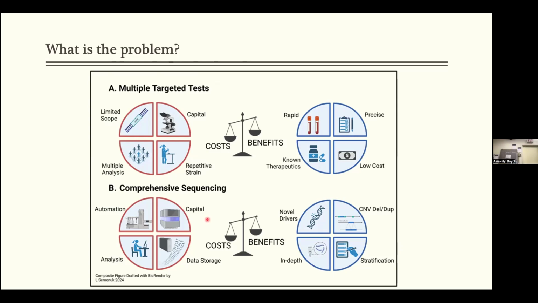We still have to have equipment, do analysis, and store the data. But there's the benefit of being able to detect more driving events than we thought might have been there, do a more in-depth analysis, look at copy number changes, and even get into the possibility of risk stratification with respect to various driving events, phenotypes, and clinical outcomes.